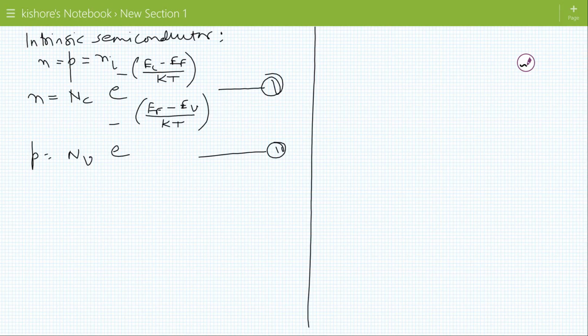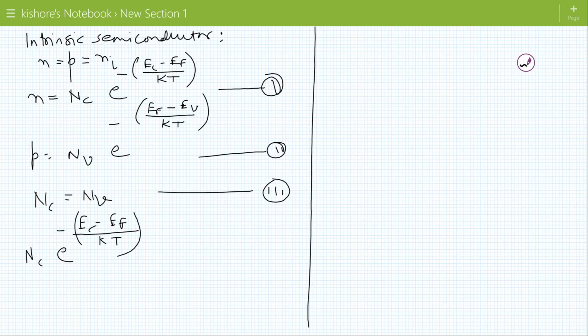For intrinsic semiconductor, this Nc is same as Nv. So now equating 1 and 2, Nc and Nv are same for intrinsic semiconductor.